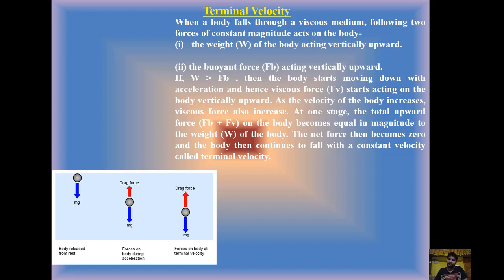The net force then becomes 0 and the body continues to fall with constant velocity. That constant velocity is called the terminal velocity. We know that when the net force on a body is 0, the velocity remains constant.